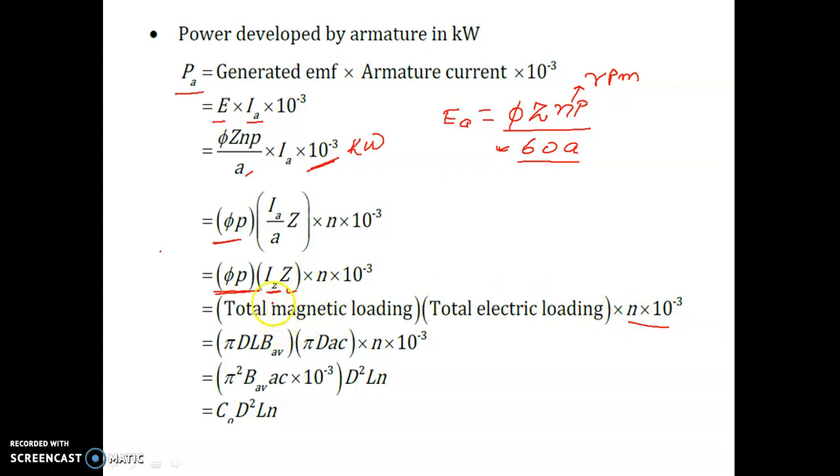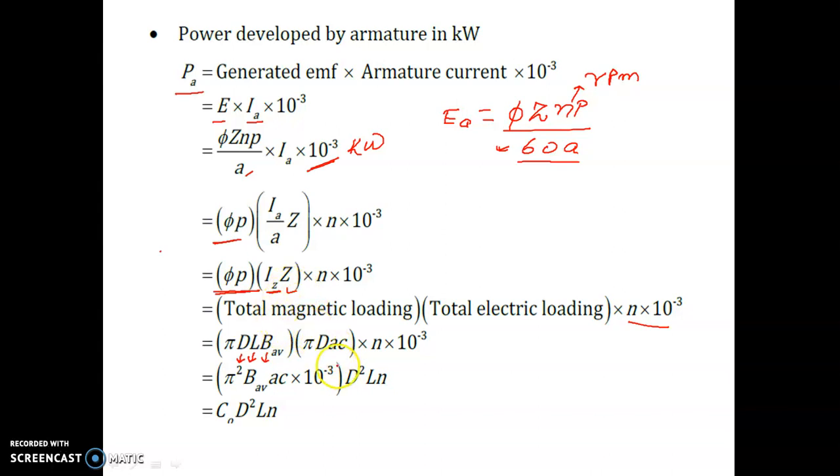In the total magnetic loading, this flux and pole, if we do a mathematical exercise on it, it comes to pi multiplied by D into L into B average. This D is the diameter of the armature, L is the core length, and B is average flux density.